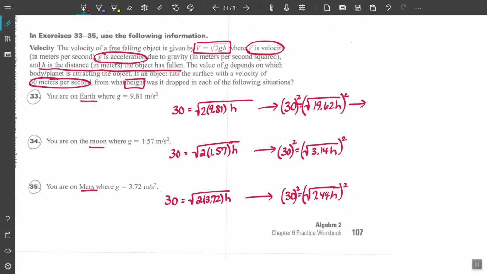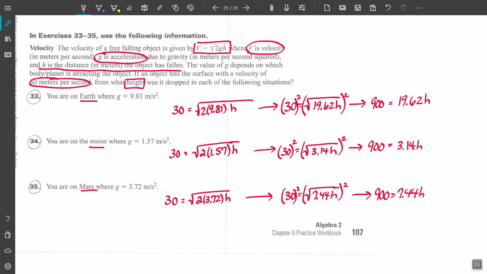Okay, so obviously 30 squared is 900 on each of these. And is that equal to what? To the radicand. All right, and now a simple division problem with each of these is going to give us our h.